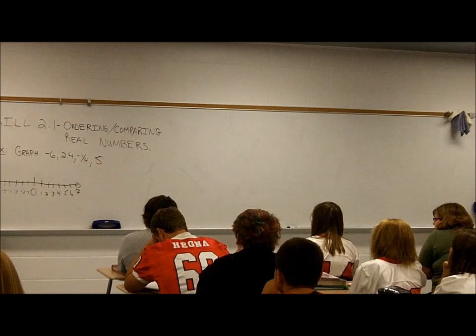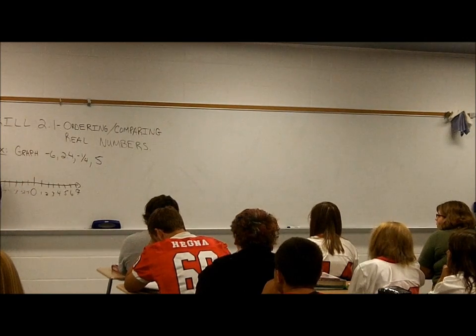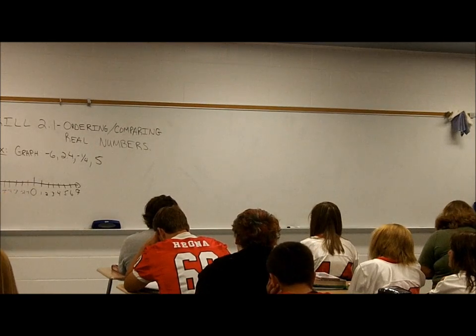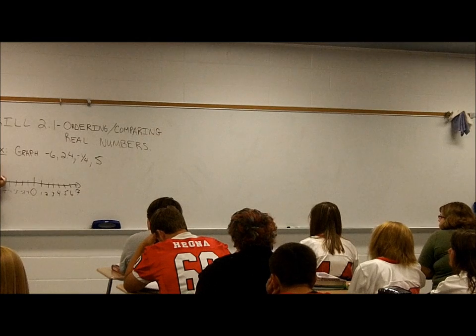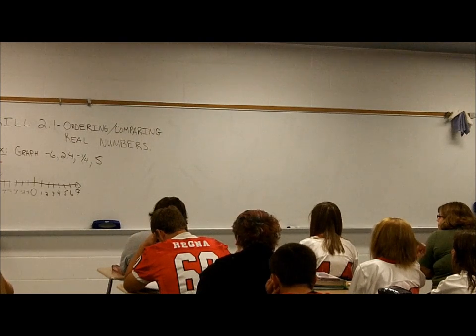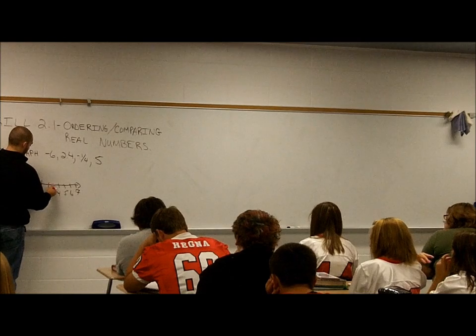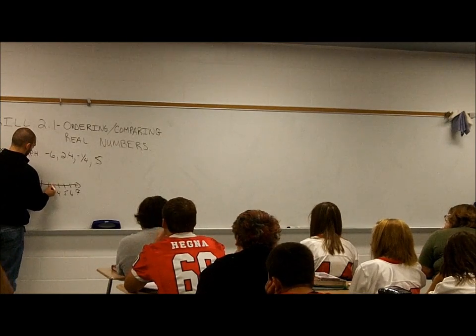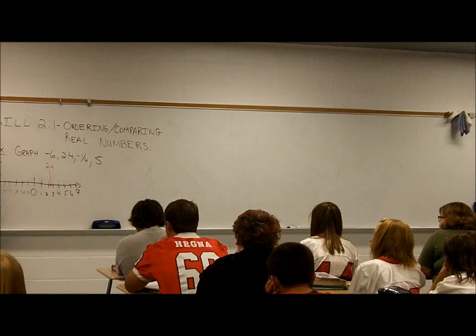And when you put a point on it, you're plotting. Good. Plotting the point. So, -6, boom. I plot the point. 2.4, it falls between positive or negative? Positive. About halfway. There's where 2.4 is. Good.